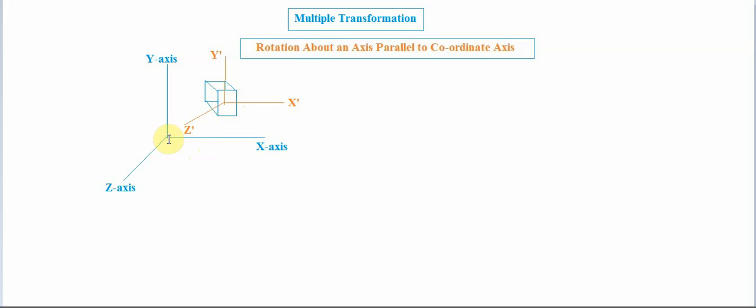So that it should be parallel to our system, right? Then we are going to perform the rotation, and then we are going to translate it back, right? So we have seen these three steps. So let's see how we are going to do this.